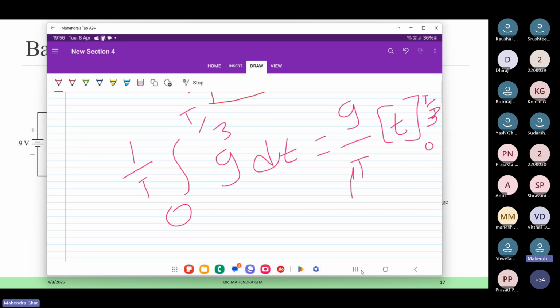If I put in this value, you get 9 by T into T/3 minus 0. I will ignore that 0. This T gets cancelled, and this is 3. So you are getting the output voltage as 3, right?